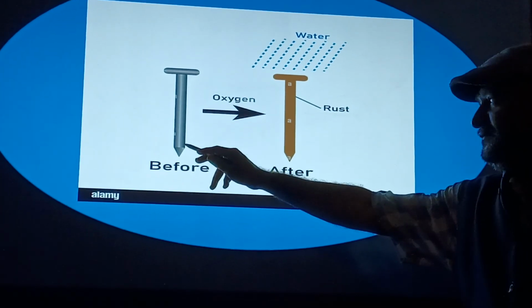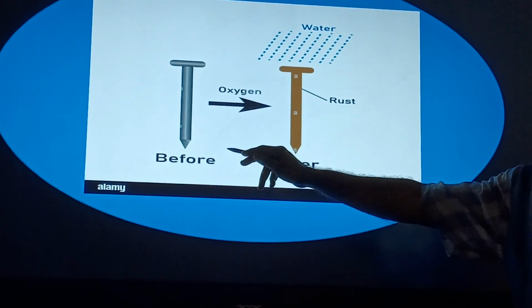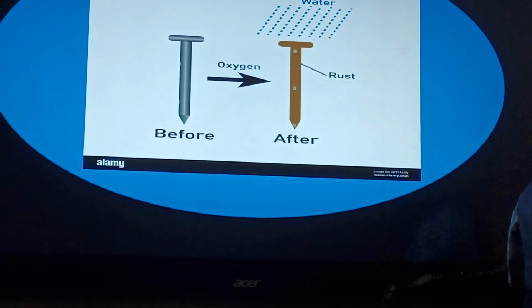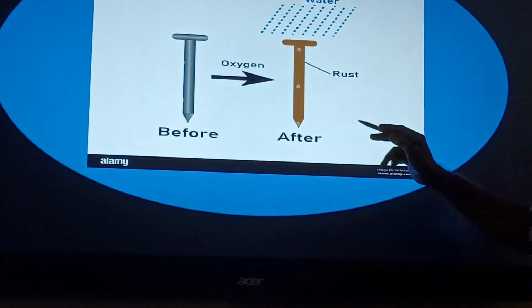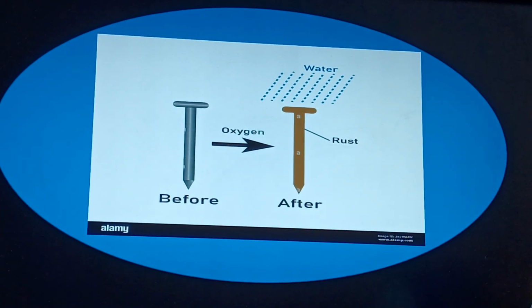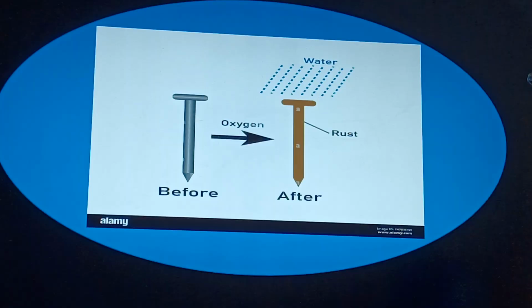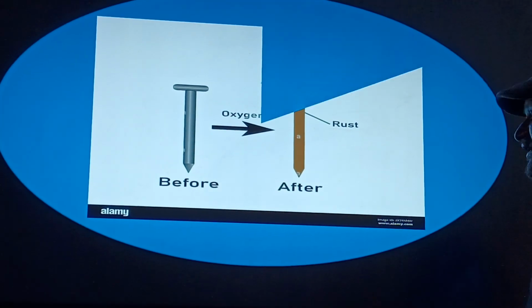When we brought it fresh, how was the iron, shining or not? After some time, what happens? Rust. It turns into rust. Just keep the image in your mind. We will move further. It's a PowerPoint presentation which goes in a very beautiful manner.